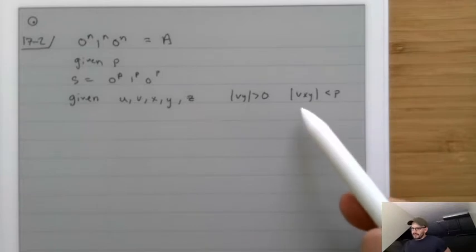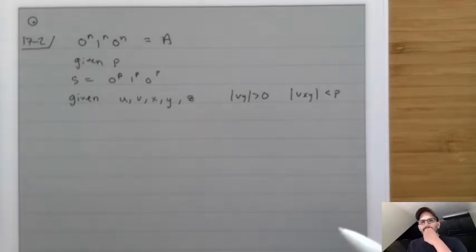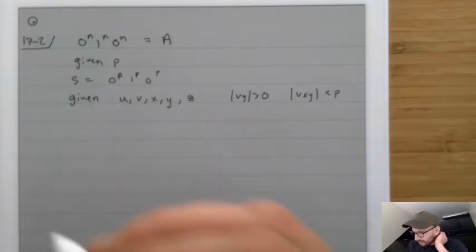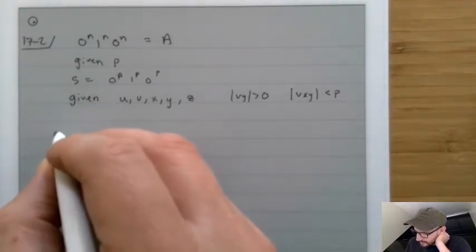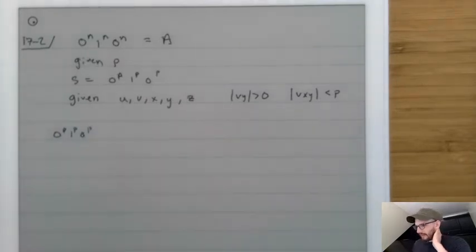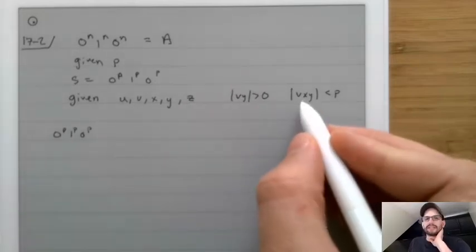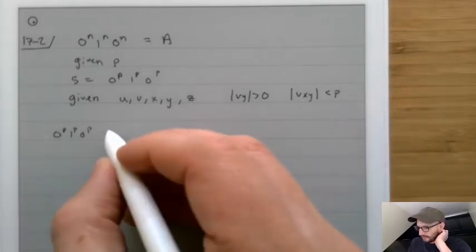So let's think about the fact that the length of vxy is less than p. What that means is that if we write out our string 0 to the p, 1 to the p, 0 to the p, then we need to divide this up into all the different ways that we could divide up the string. So let's divide it up based on how many different symbols are in vxy.